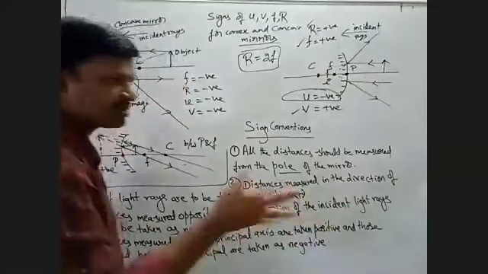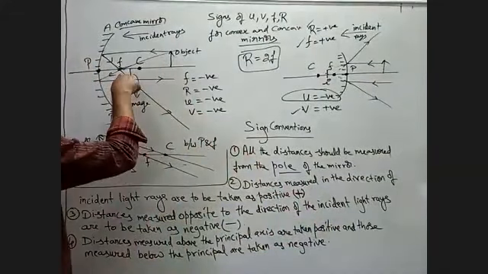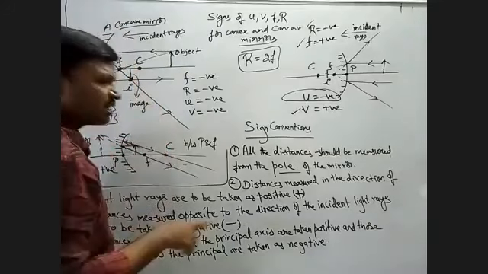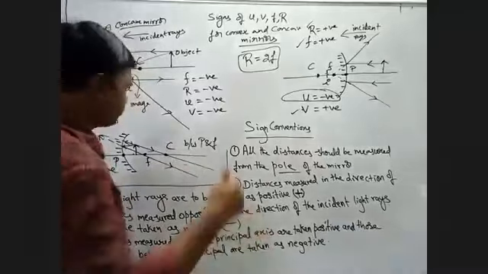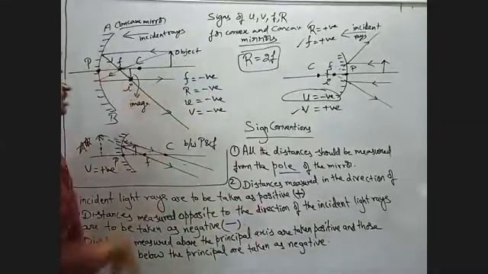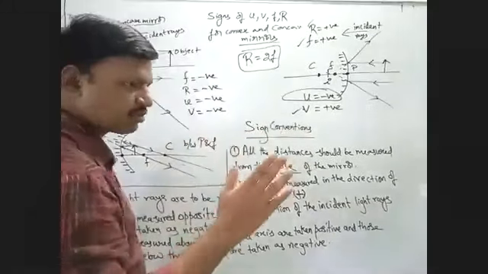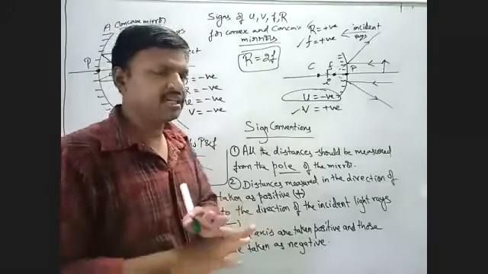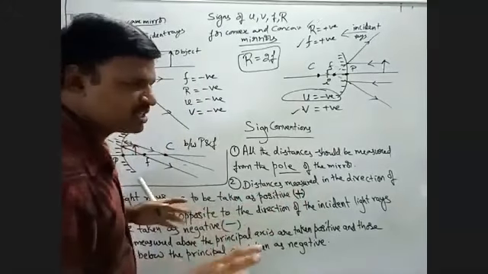Beyond the center of curvature but not at infinity, the image will be between F and C. If you place it at C, the image also comes at C, same size but inverted. If the object is exactly at the focal length, you will get the image at infinity, and then we can't describe it.